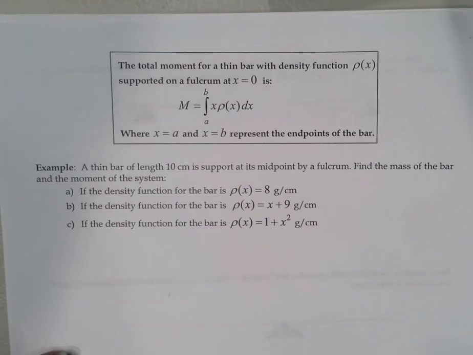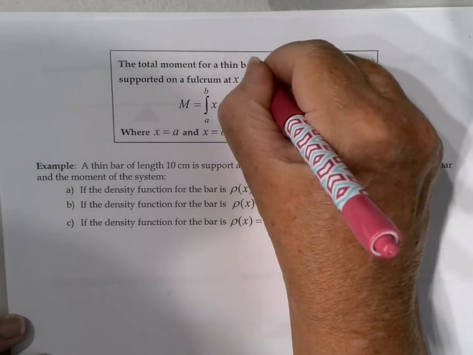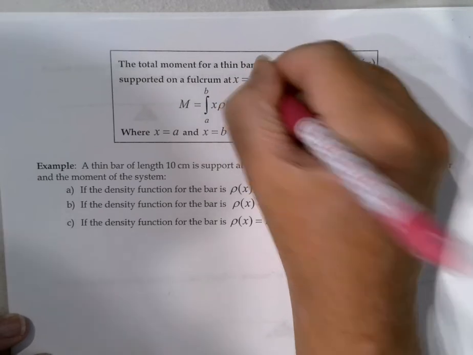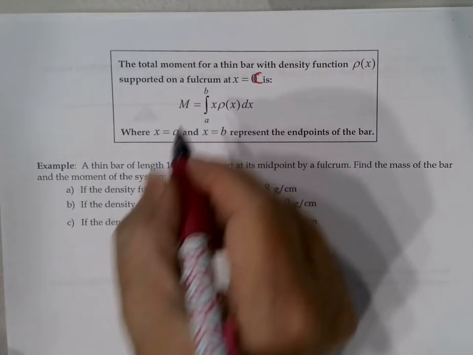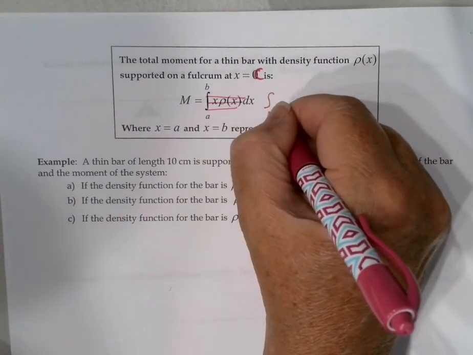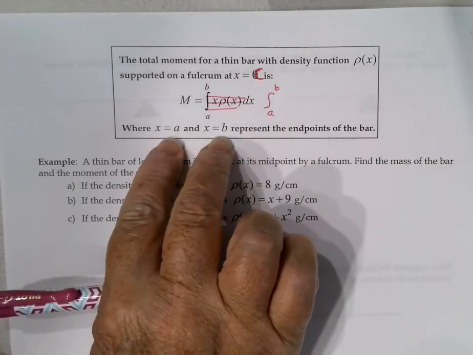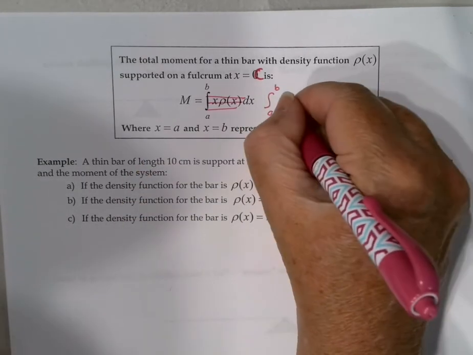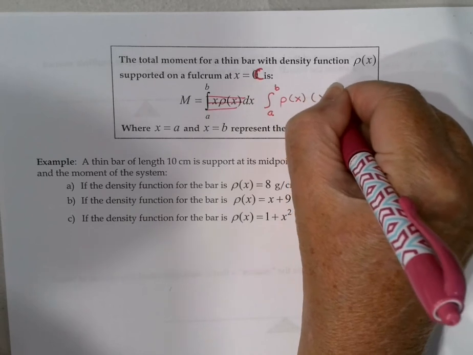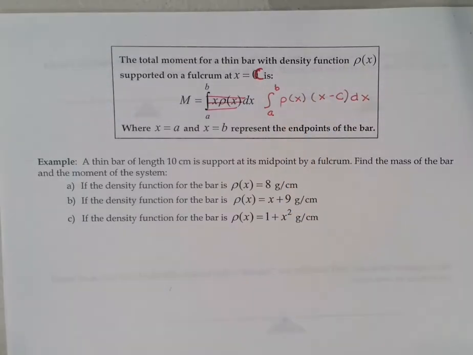The total moment for a thin bar with density function rho of x supported on a fulcrum at x equal to c is the integral, and I'm just going to rewrite this, from a to b, if a and b are the endpoints of the bar, of rho of x times x minus c dx.